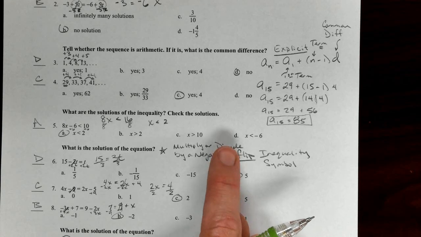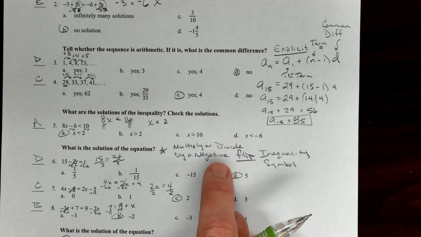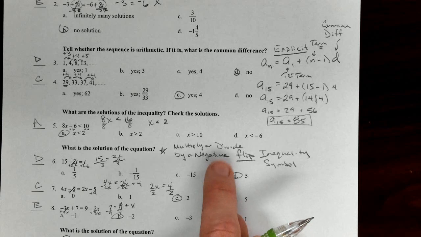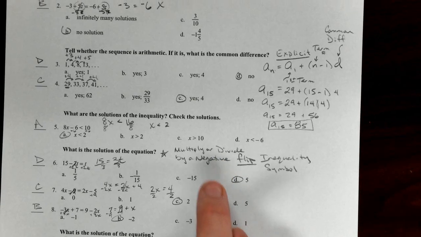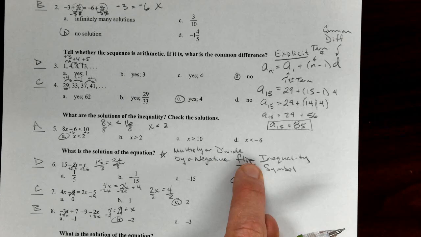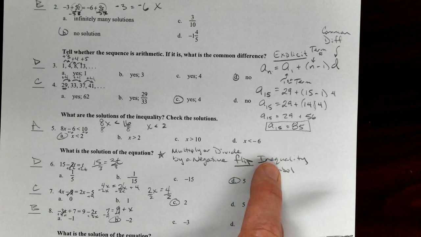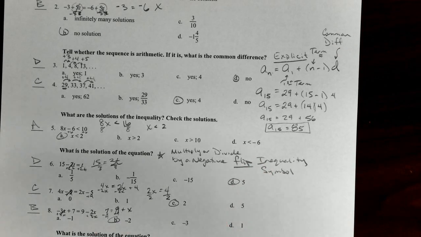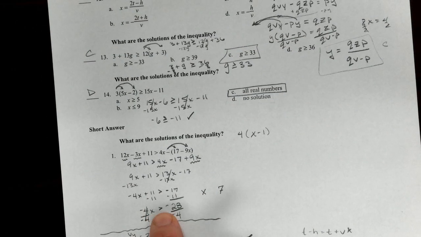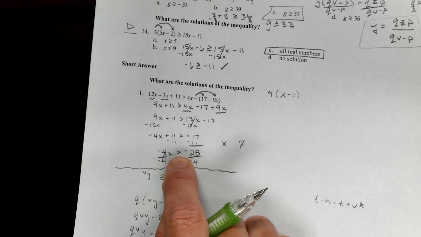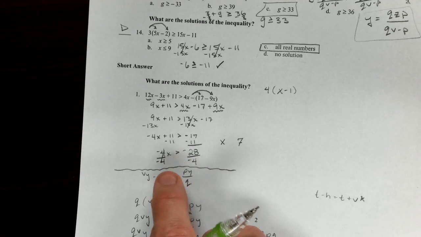Can you see my screen? Yeah. What does that say? Multiply or divide by a negative, flip the inequality. Okay, so let's go back to my answer. It was x is greater than 7, but I divided by a negative 4.